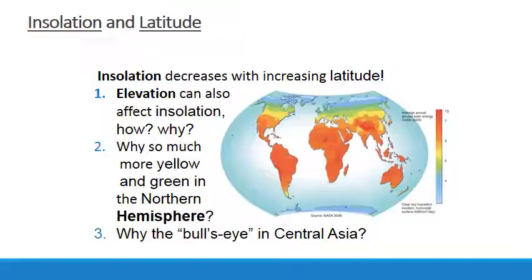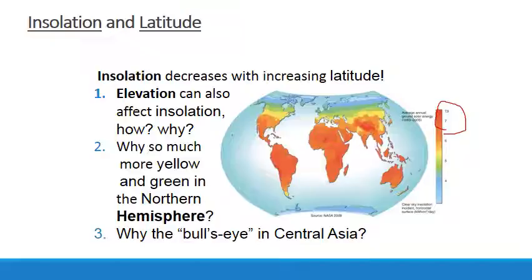So wherever you see the red and orange colors, we're looking at that positive, the surplus energy section. As you move towards the poles, from those red and orange zones, you can see the colors are quickly changing from hot colors to cooler ones, showing the steady decrease in insolation.